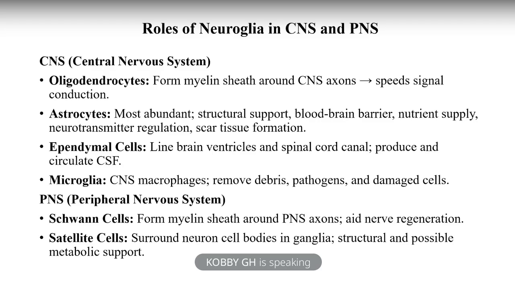Then we also mentioned the satellite cells. Satellite cells basically surround neuron cell bodies in the ganglia. If you remember, we spoke about the ganglion. Satellite cells practically surround the ganglia. Okay, great. So these are the neuroglial cells.